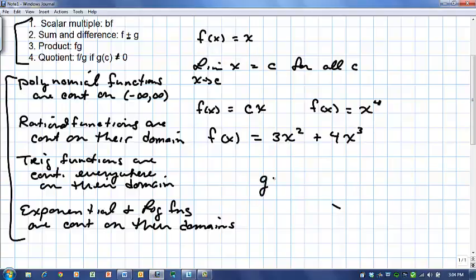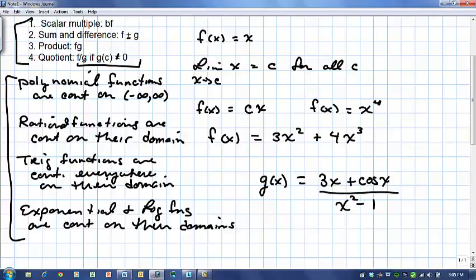Like, for example, if I had the function g of x is equal to 3x plus the cosine of x divided by x squared minus 1, then we have that this function should be continuous everywhere on its domain, because 3x is continuous everywhere, cosine of x is continuous everywhere, x squared minus 1 is continuous everywhere, and by using these properties we can see that the sum, product, and quotient of continuous functions are continuous as long as the denominator of the function is not equal to 0.